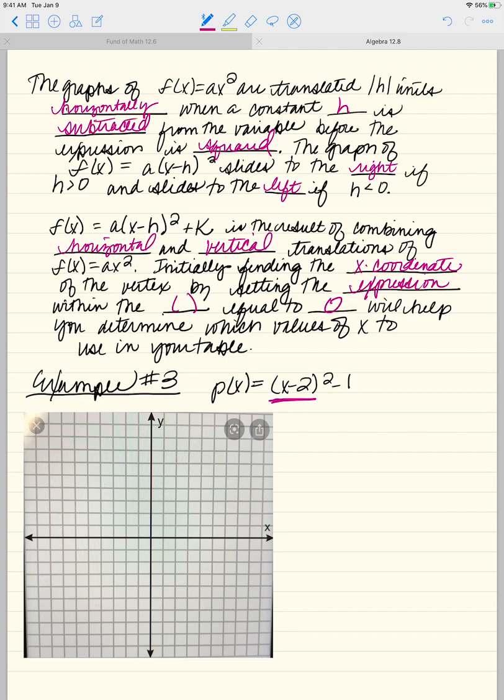That's going to help us determine our vertex, and then it will help us decide what other values of x we need to look at to create a nice graph of a parabola that really gives us a good look at what the function looks like.